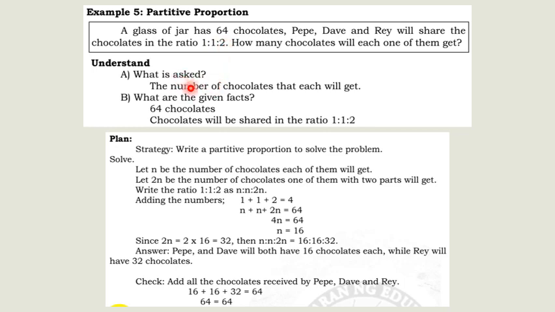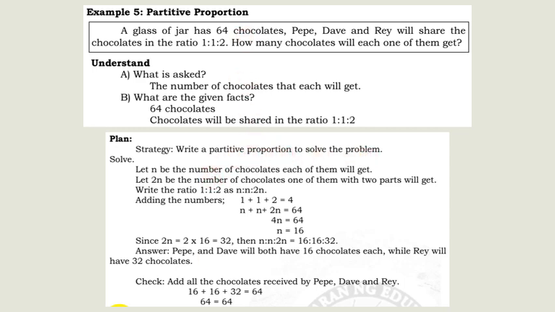So, ang tinatanong dito is yung number of chocolates that each will get. So, ilan ba yung makukuha nila? Kasi ang kanilang parte, 1 part si Pepe, si Dave 1 part din, and si Ray ay 2 parts. So, doble yung kay Ray. So, ang given natin, 64 chocolates, at yung ratio ng 1:1:2. So, paano daw siya gagawin? So, gagamit tayo ng partitive proportion.